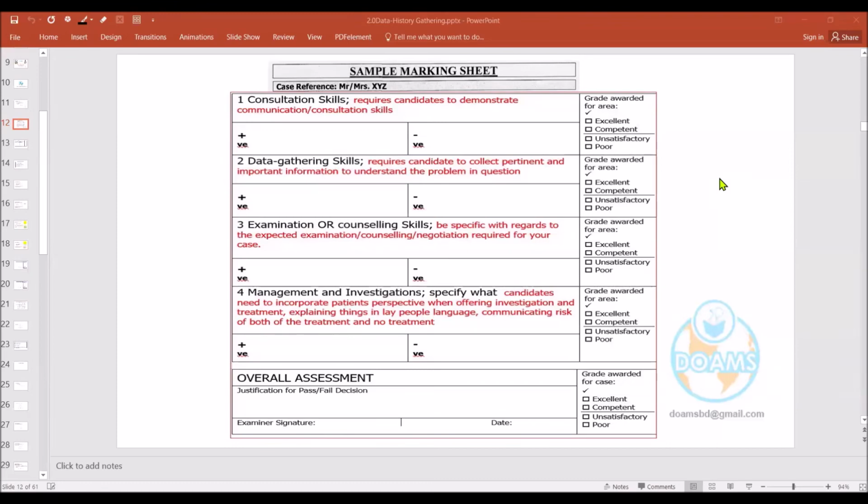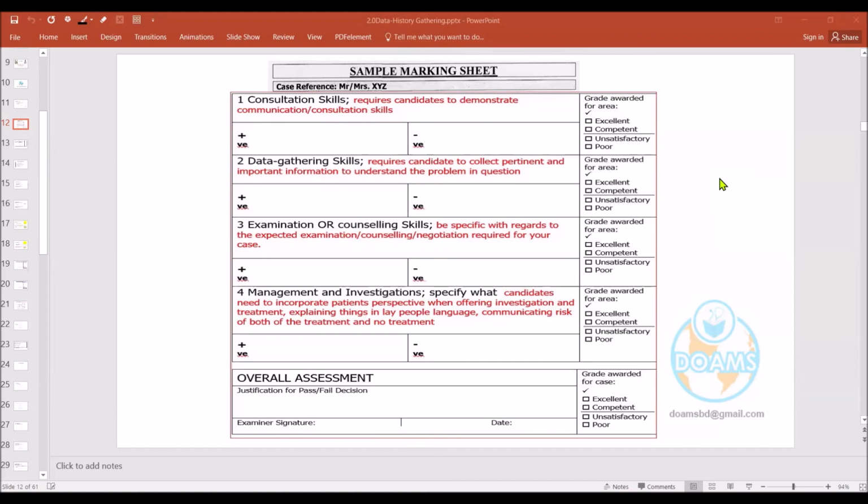It is possible. Sometimes we discussed it before also. Likely, while you are asking, do you smoke, do you drink alcohol, in the meantime you are looking at the fingers, the face or other parts of the body. It is possible if the history questions are simpler.